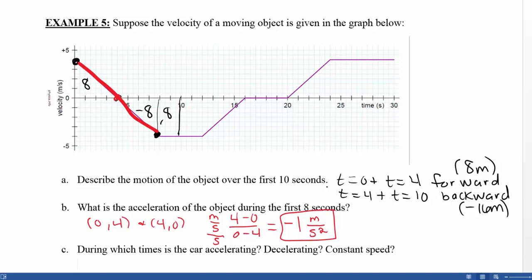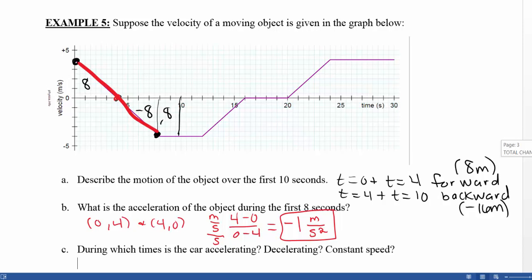Part C. During which times is the car accelerating, decelerating, and at constant speed? So we're going to be accelerating whenever our derivative of velocity is positive. And so the derivative will be positive whenever our function is increasing.